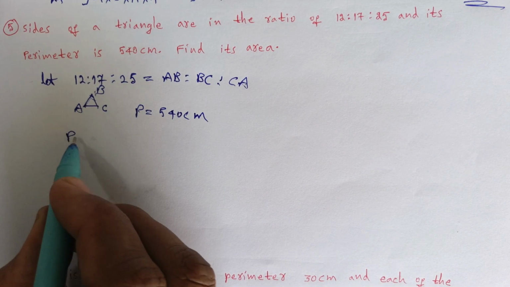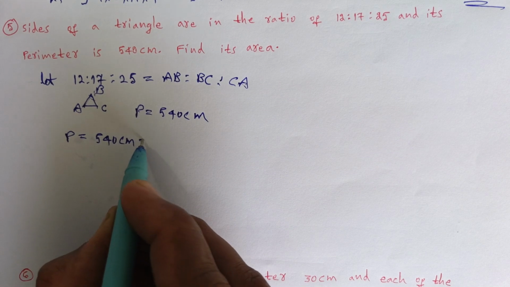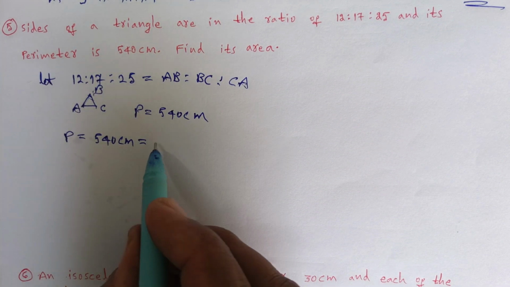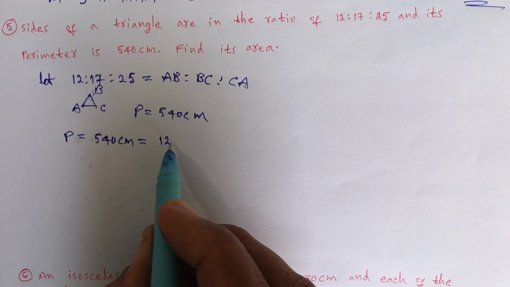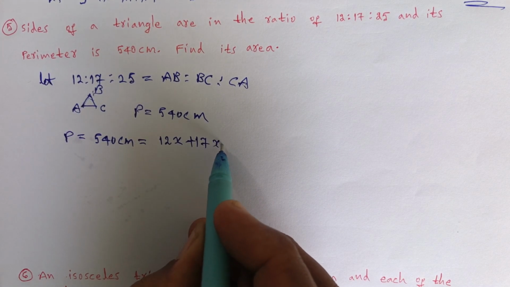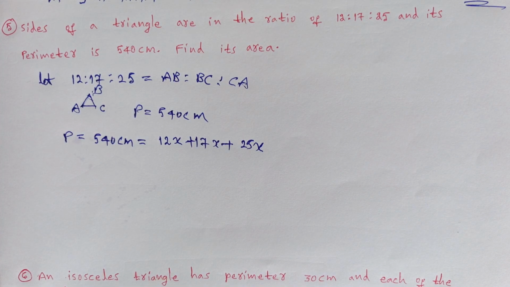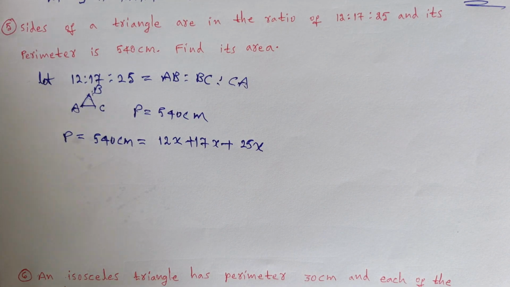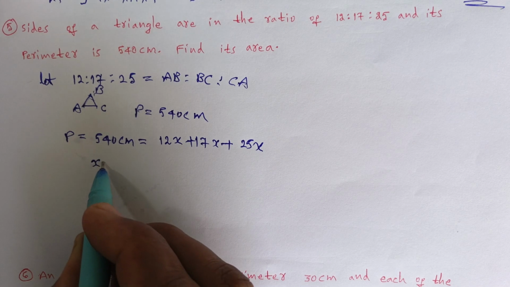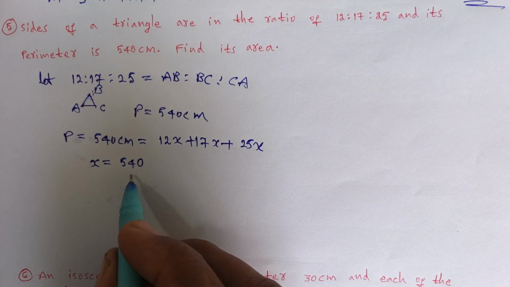So you can take like this, 540 centimeters equal to, in terms of x, I am going to write them, and I am adding those ratios: 12 into x plus 17 into x plus 25 into x. So from this you can calculate x as 540.